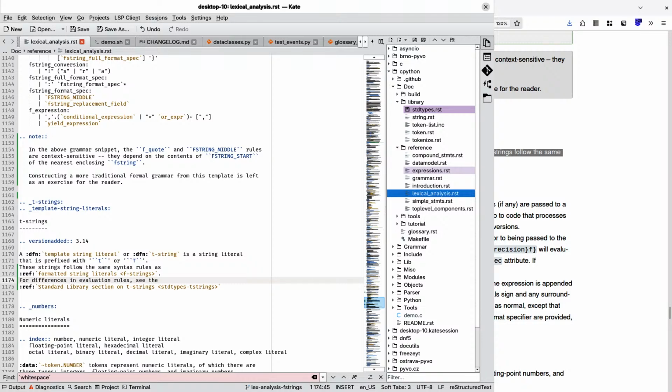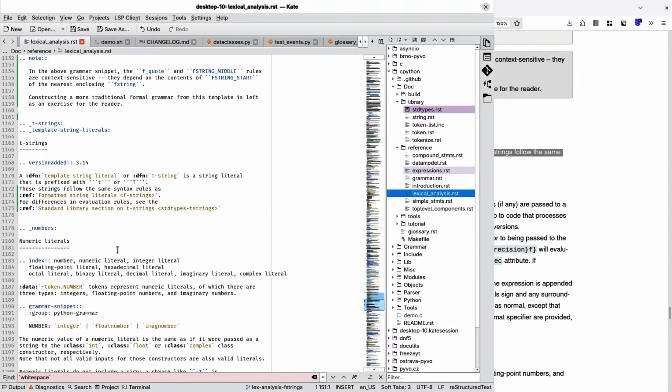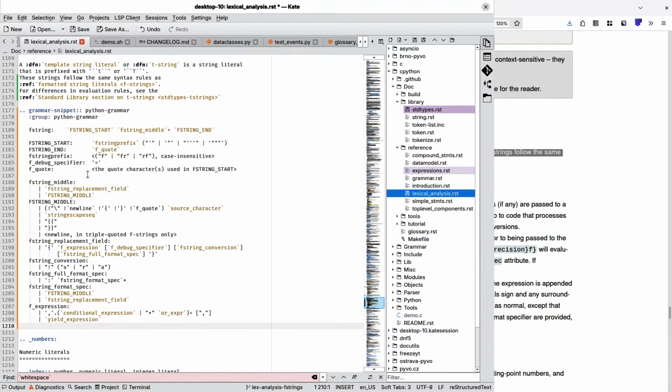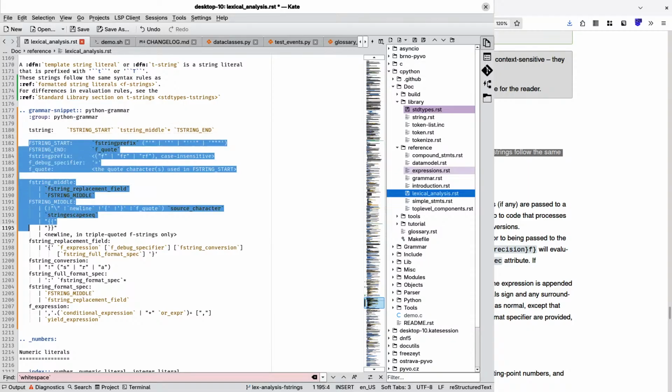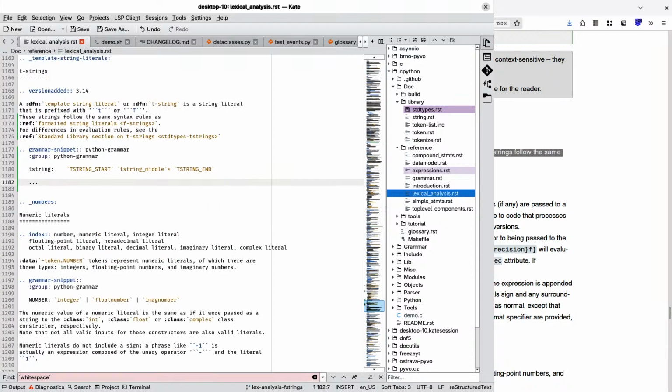So yeah, I mean, I guess I need to put this grammar here and just convert all the f's to t's. So, in other words, syntactically they're not really that different.